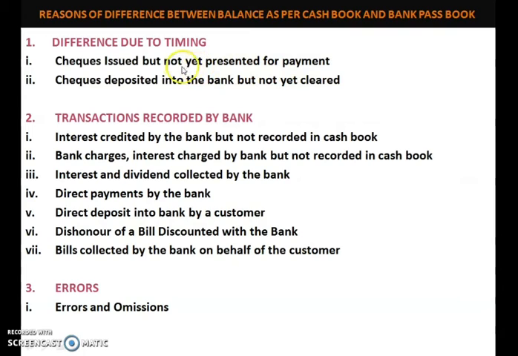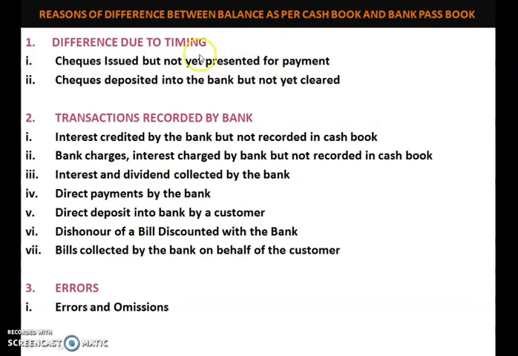That means we have issued a check to one of our suppliers, one of our creditors. We have issued the check, but that creditor has not presented it to the bank for payment.